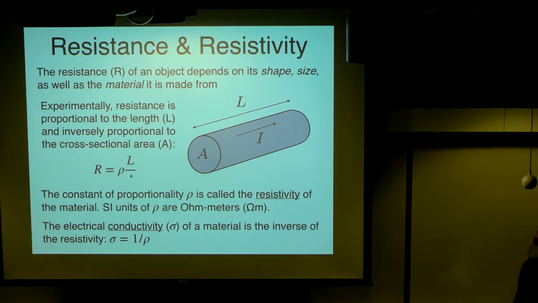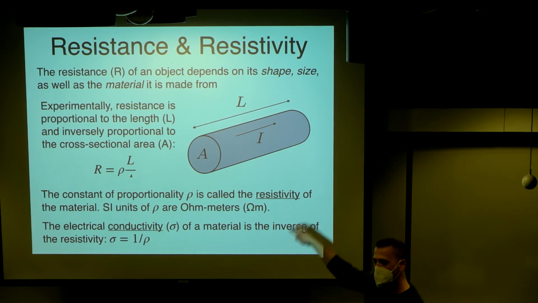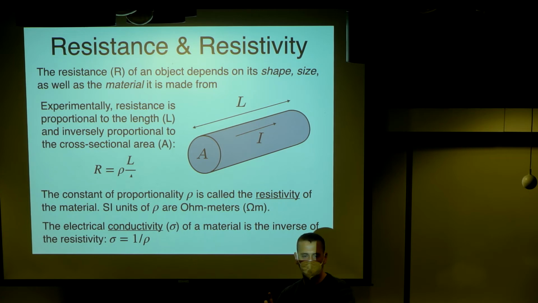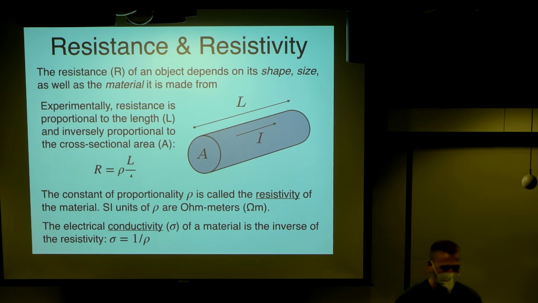Okay, so experimentally, the resistance is proportional to the length. So the longer the distance your current has to travel through a material, the more resistance there will be. And it's inversely proportional to the cross-sectional area A. So here's the equation that's just experimentally true.